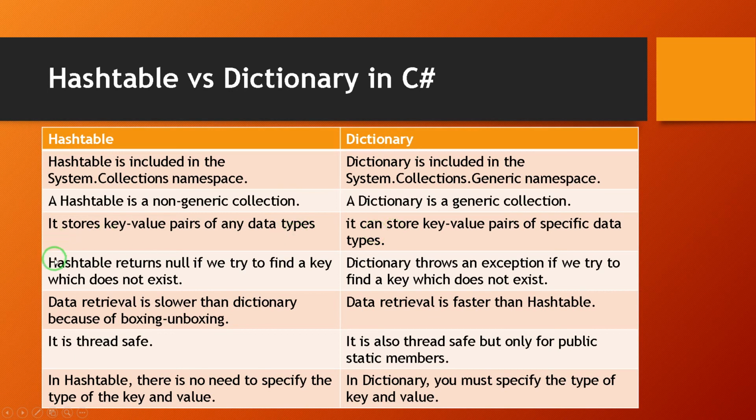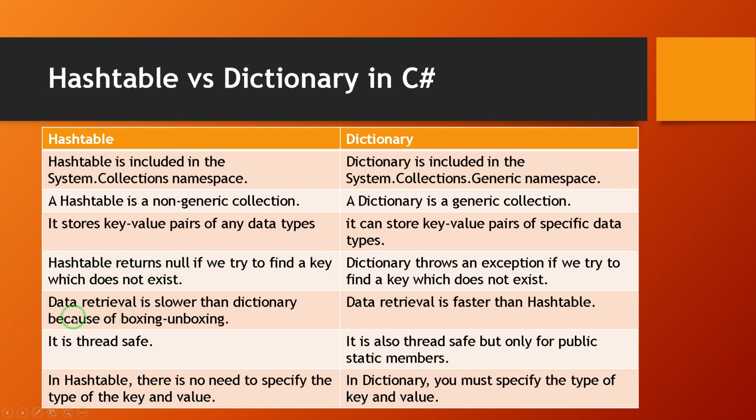Now the next one, hash table returns null if we try to find a key which does not exist. In case of dictionary, it throws an exception if we try to find a key which does not exist. In case of dictionary, it throws an error if the key is not found, but in case of hash table, it returns a null value if the key is not found.